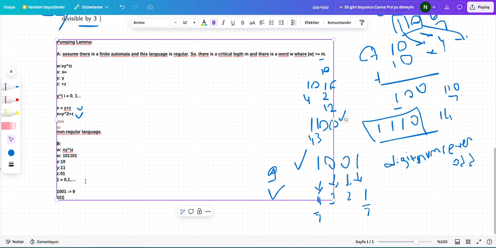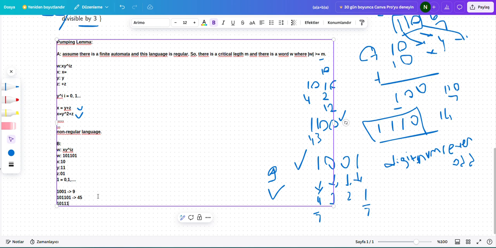And 101101, how much is it? 32, 40, 44, 45, which is divisible by 3. And for 2 it becomes 1, 0, 1, 1, 1, 1, 0, 1. Yes, this is also most probably divisible by 3. You don't need to check because it satisfies our rule, so it's also correct. It also returns 1.